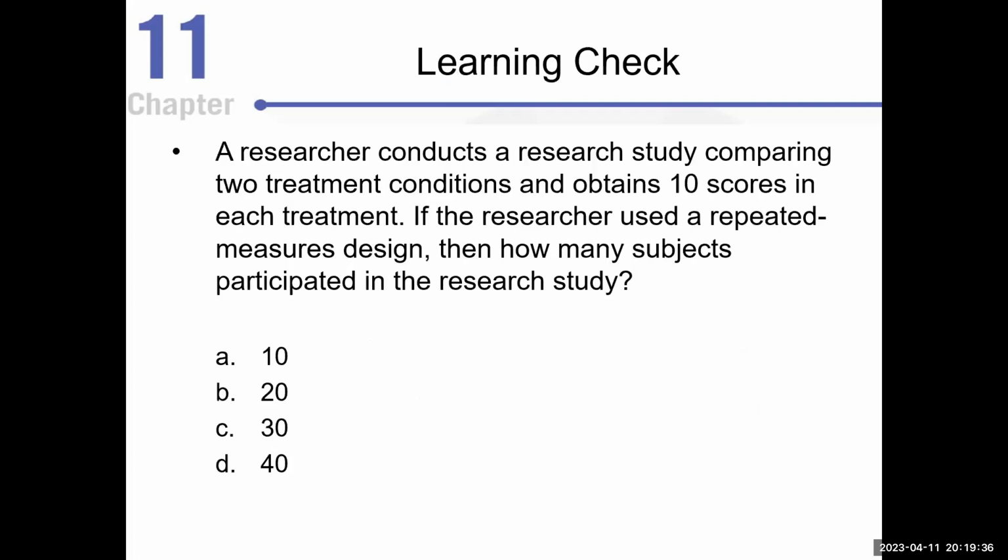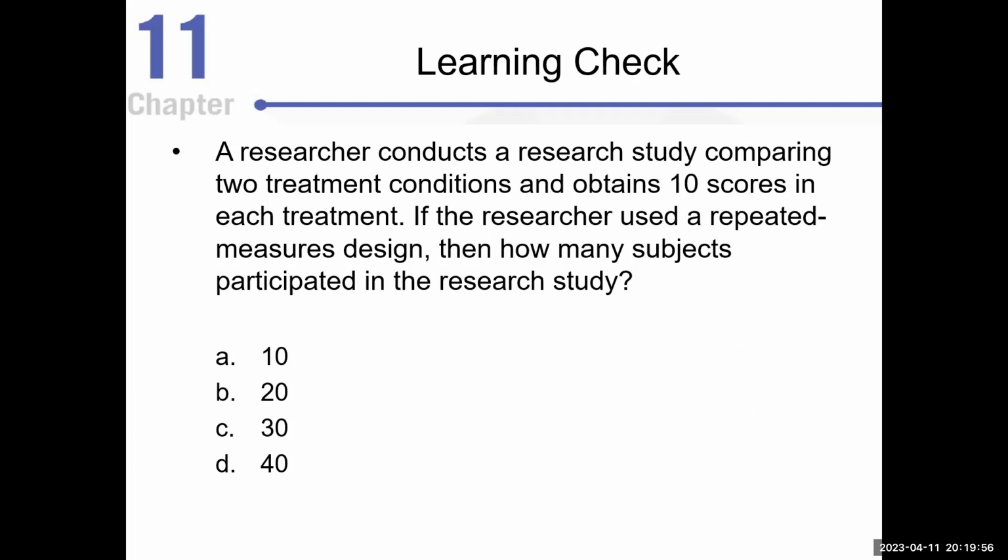Okay, so as a check, it says a researcher conducts a research study comparing two treatment conditions and obtains 10 scores in each treatment. If the researcher used a repeated measures design, then how many subjects participated in the research study?